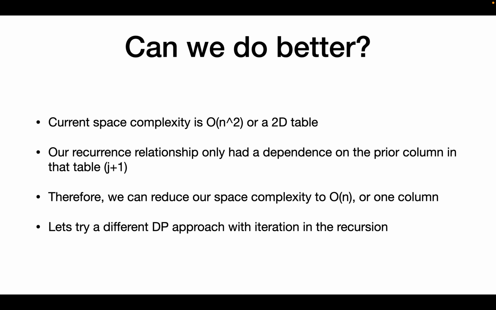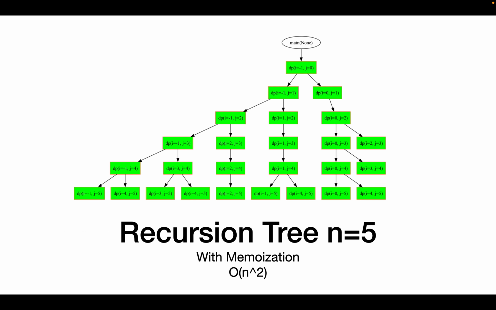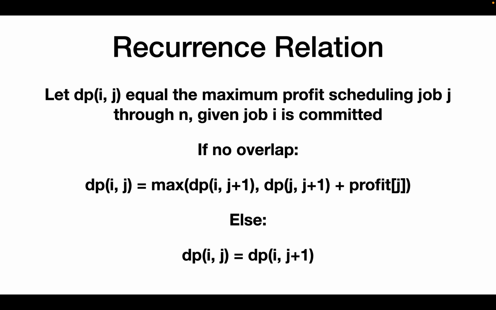Yeah, we can, right? So the current space complexity, like I said, is O of n squared because we have two state variables in our dynamic programming approach. Something to take note of was that in our recurrence relation, you see that the current subproblem solution only depends on one column in this 2D array, this j plus one column.